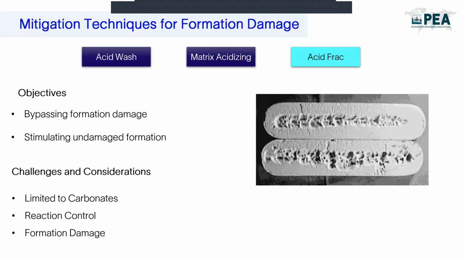So that's why one of the most important parameters that we need to consider in acid frac is making sure of the uniformity of the etching to cover the longest depth into the reservoir. As you can see in this figure, it shows the two halves of a long core that has been opened to show the rock surface dissolution, resulting from an experiment simulating fracture acidizing.